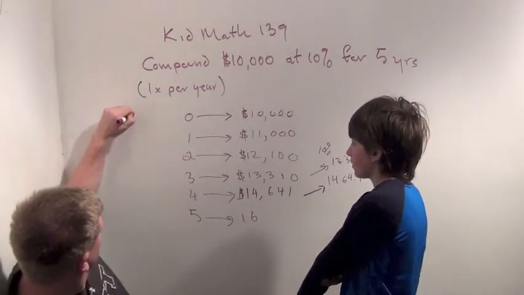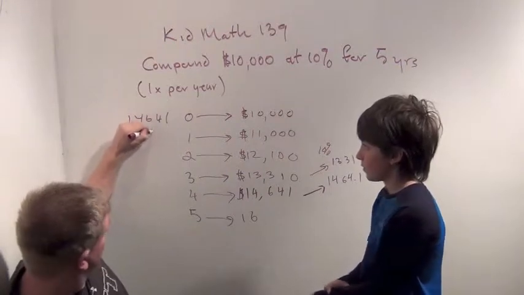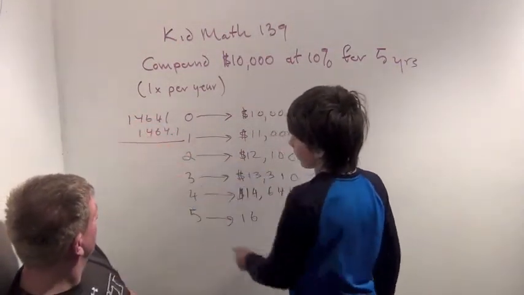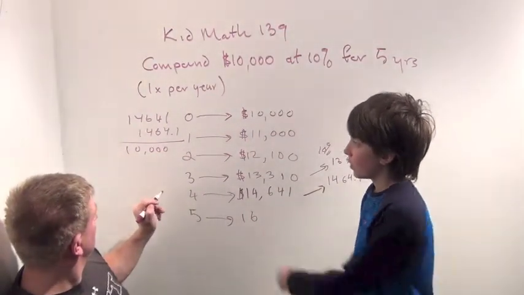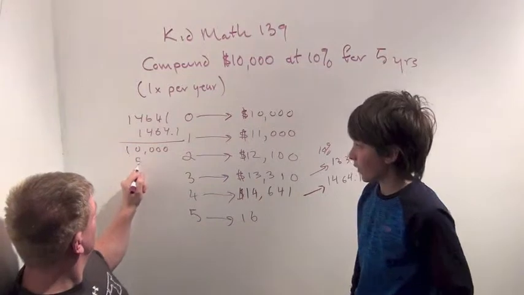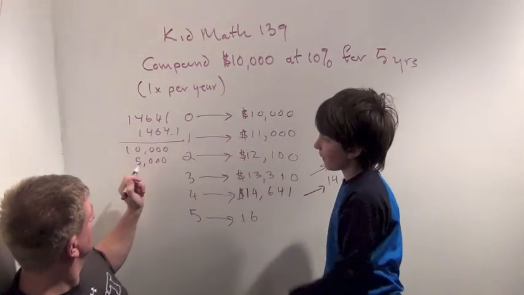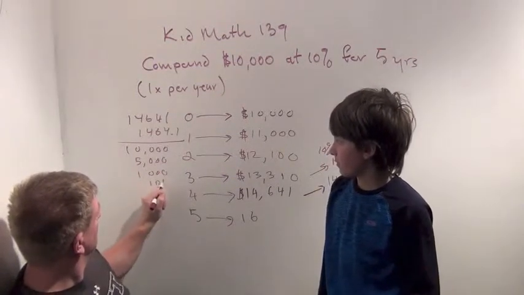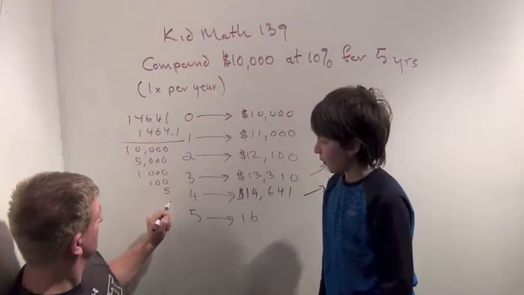Okay, let's do it over here. 14,641 plus 1,464.1. So we get 10,000, 5,000, 1,000, 100, and 5, and 0.1.